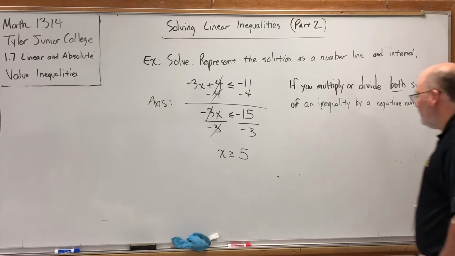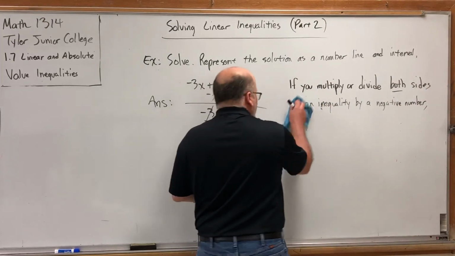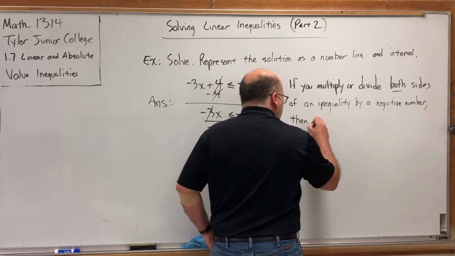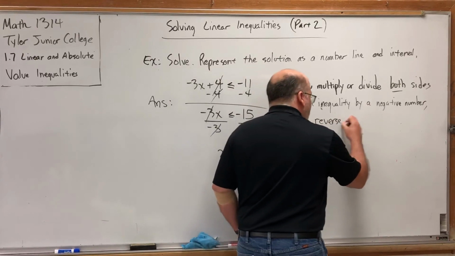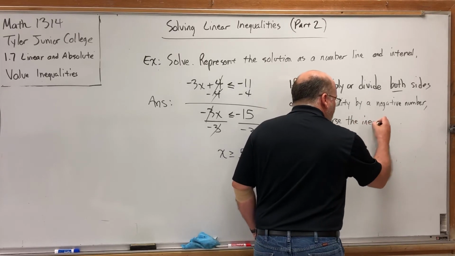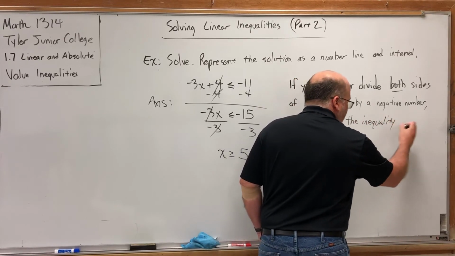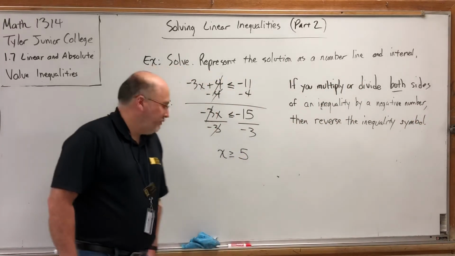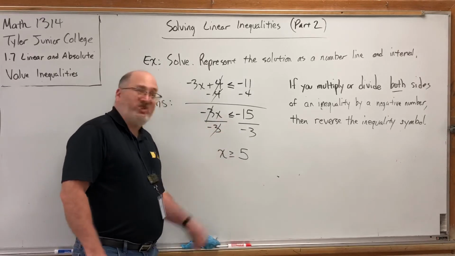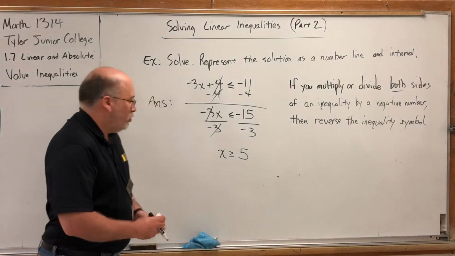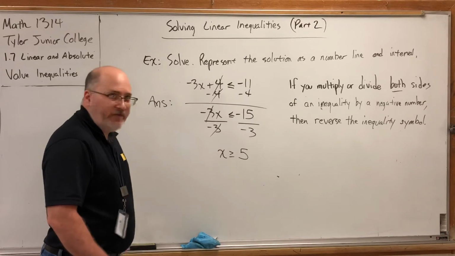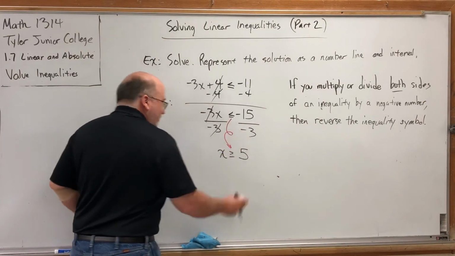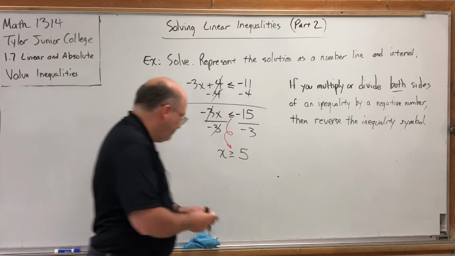If you multiply or divide both sides of an inequality by a negative number, comma, then reverse the inequality symbol. So if it said greater than, make it less than. If it said less than or equal to, make it say greater than or equal to. To illustrate this reversal of the symbol, usually what I'll do is draw a little loopy arrow like that to indicate that I am turning the sign around.